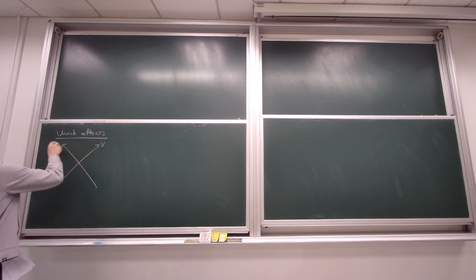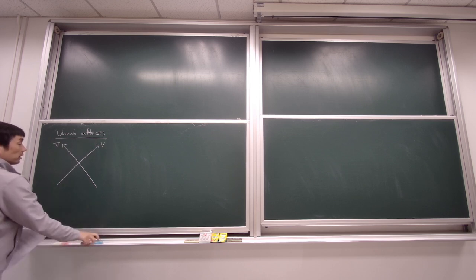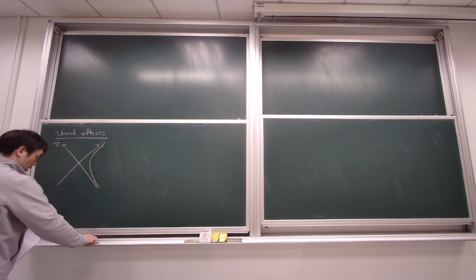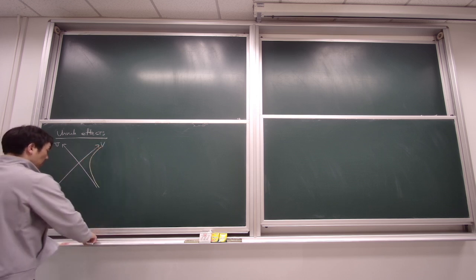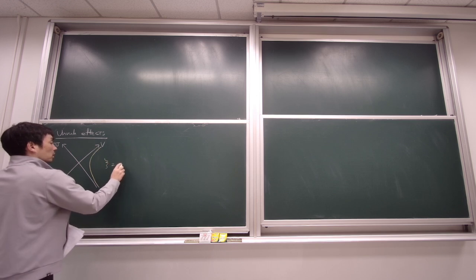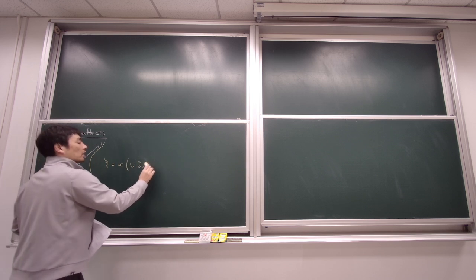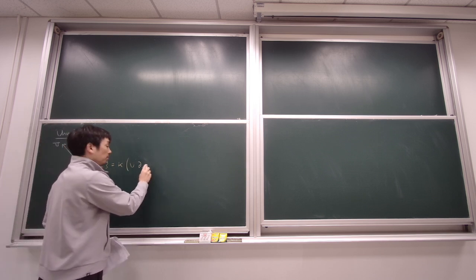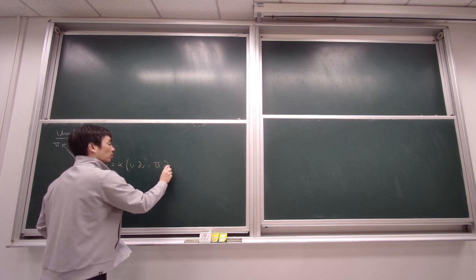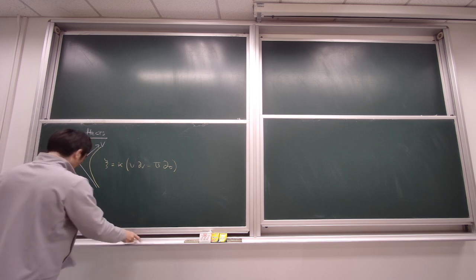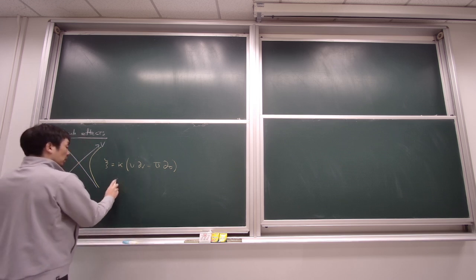The Killing vector is kappa times B del B plus minus U del U. So that's our constant acceleration.